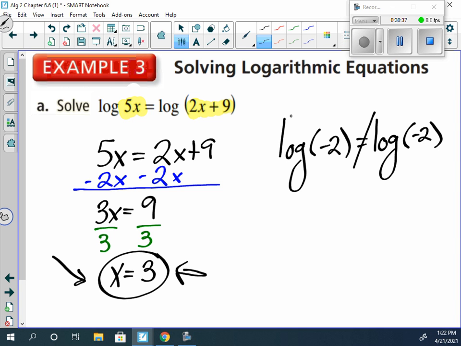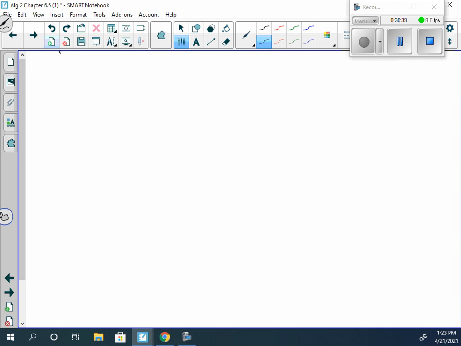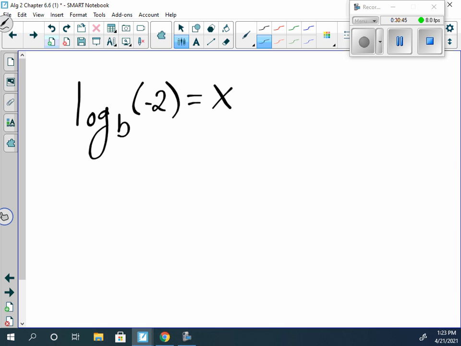And the reason we can't have a negative inside of a log is because if we have log base b of -2 is equal to x, according to our properties of exponents, if we rewrite it, it would be b to the x is equal to -2. This does not work.